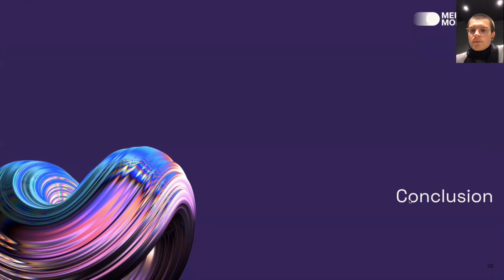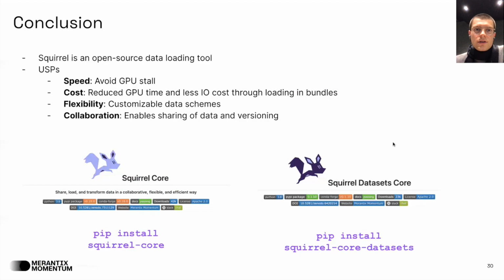There's one conclusion slide that I have for you, which sums up my talk. Squirrel is an open source data loading tool by Merantix Momentum, which offers 4 USPs: speed, reduced cost, flexibility, and collaboration.